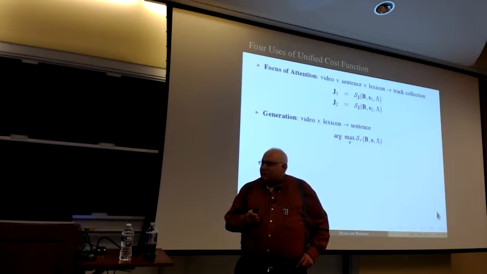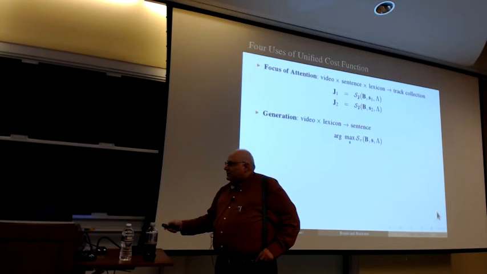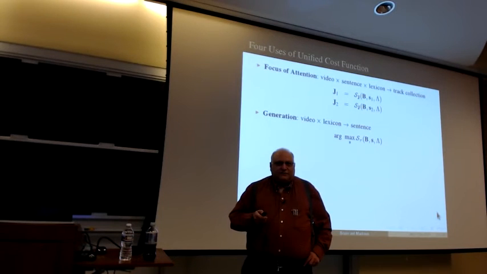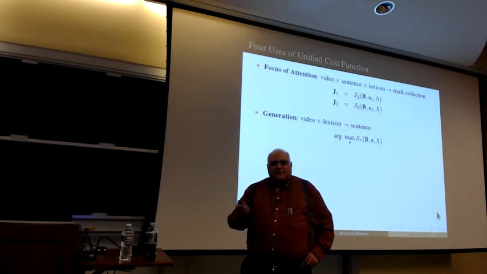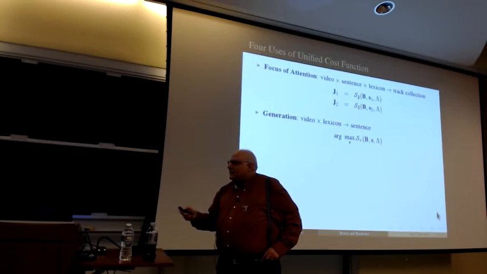We can also do generation. We take a video and a known lexicon as input and systematically search the space of all possible sentences to find the highest scoring sentence that describes that video.